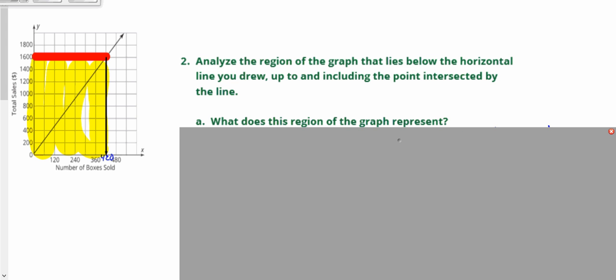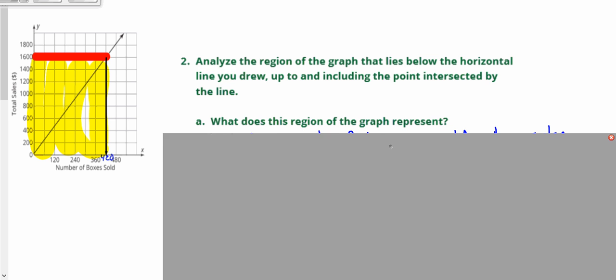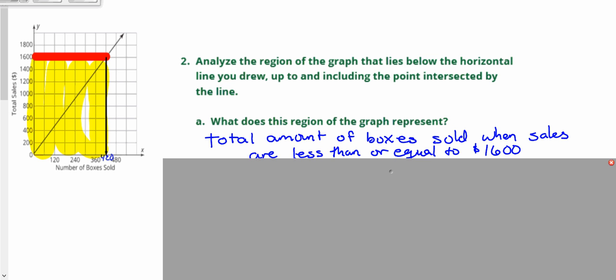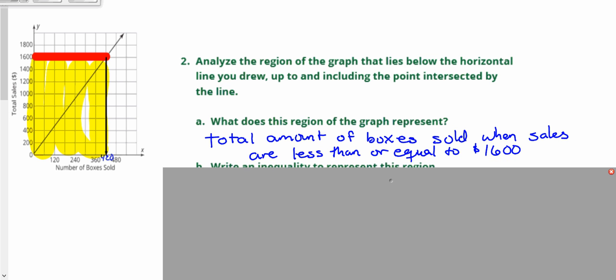Then they're asking, what does this region of the graph represent? Well, it represents all the boxes sold up to $1,600. So it's the total amount of boxes sold when the sales are less than or equal to 1,600. Notice they do state up to and including the point, so it's less than or equal to 1,600.